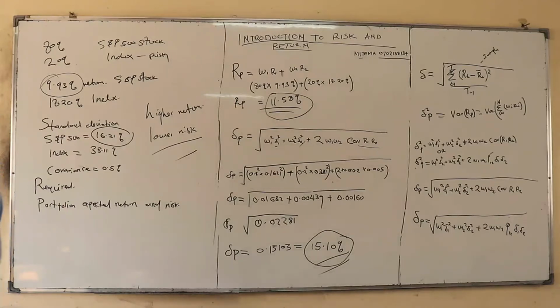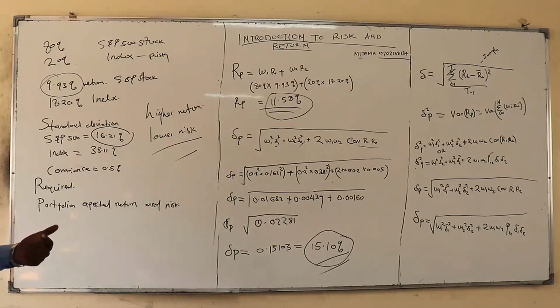So in our next lecture, we are going to look at utility theory and the indifference curve and different types of risk persons. We have someone who loves risk, a risk lover. We have another person whom we call neutral.